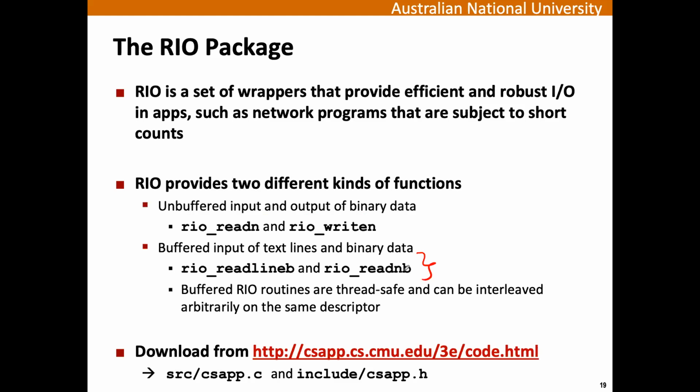So in the buffered versions here, they have internal buffering, and they have very large buffers. They read very large chunks of data from the file, and then they return byte by byte or whatever the user wants at a time.